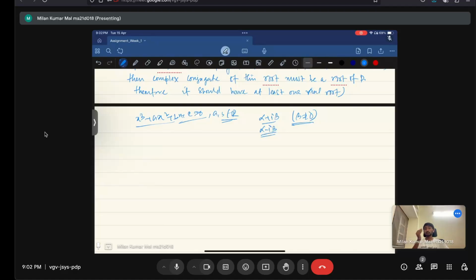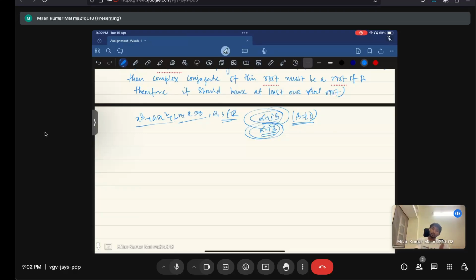Suppose one of the roots is complex but not real. Then alpha minus i beta has to be a root. But this is a degree 3 polynomial, so this has to be another root, either with repetition or not. If one repeats, the other has to repeat again, with the same repetition as its conjugate.